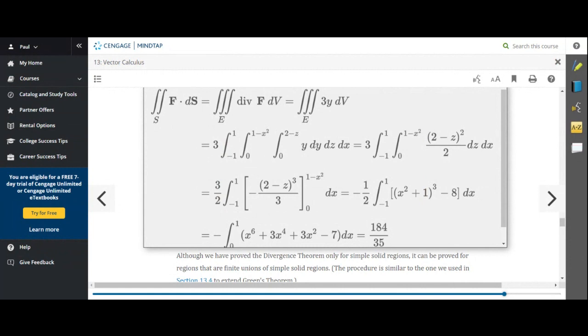Okay, so who got those limits? Y goes from the planes y equals 0 to y equals 2 minus z. And then if you project that solid into the xz plane, you'll get a half of a circle. It goes from z equals 0 to z equals 1 minus x squared, and then x goes from -1 to 1.